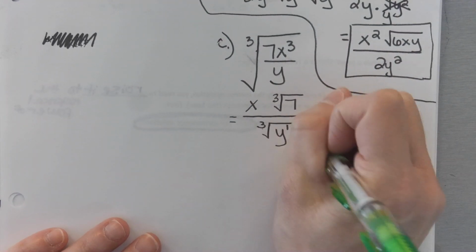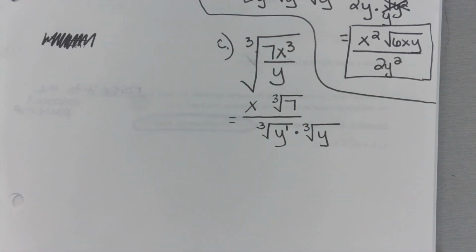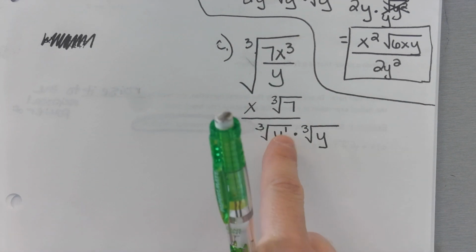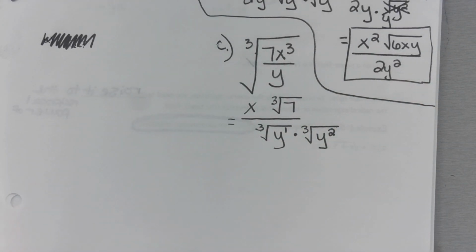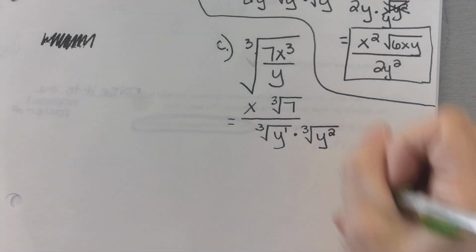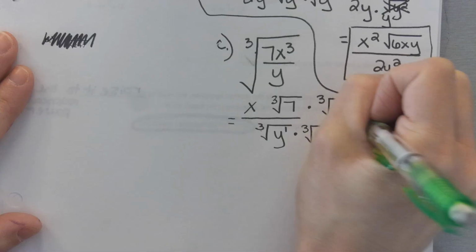So I need to multiply by the cubed root of y to what power? If I did 3, this would add to 4. So we need 2. So again, we want the number underneath to match the index number. Remember, when you multiply, you add. If I do something to the bottom, I have to also do it to the top too.